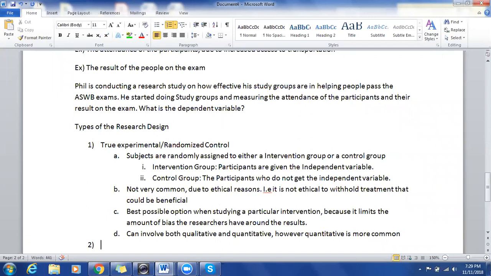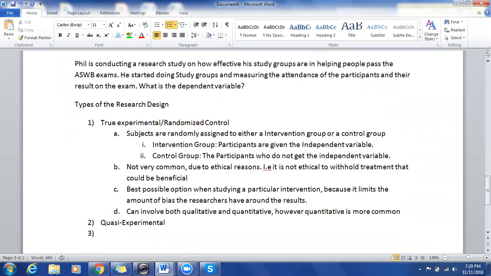And that is where we look at our next option, which is the forefront of what social work has been built on beyond what Freud did back in the day before the ethical considerations happened. So quasi-experimental is the most common in social work, because subjects are in pre-existing groups and there is no randomization.